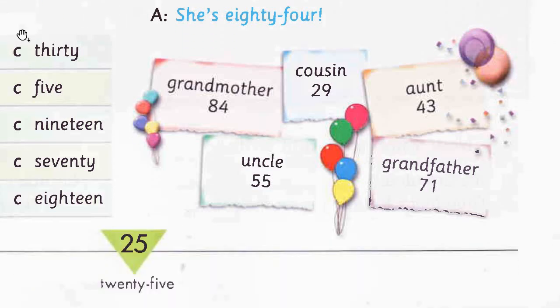Now, uncle, 55. I'm going to my uncle's house. It's his birthday today. Oh, really? How old is he? Look at the number, 55. Wow. Okay, the last one again.